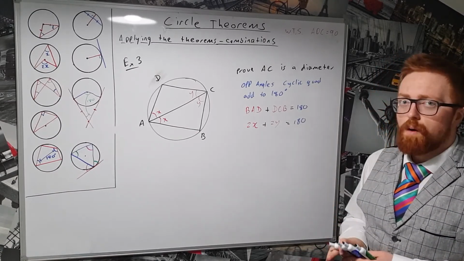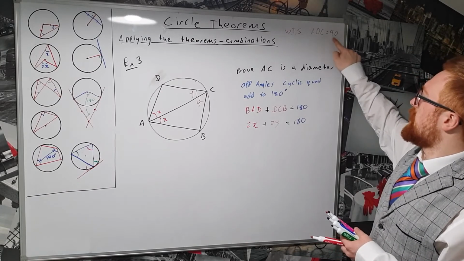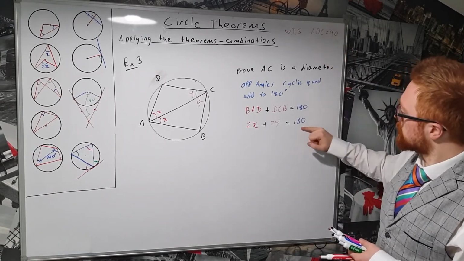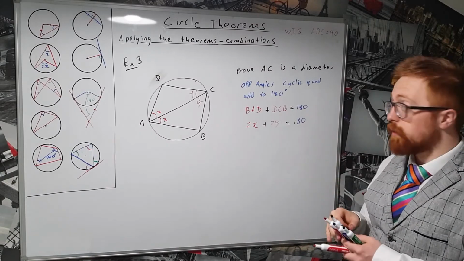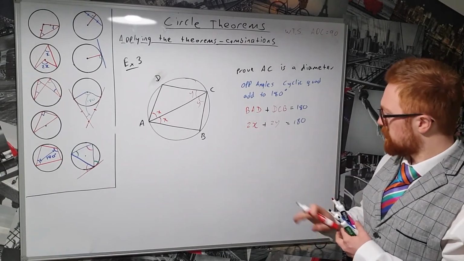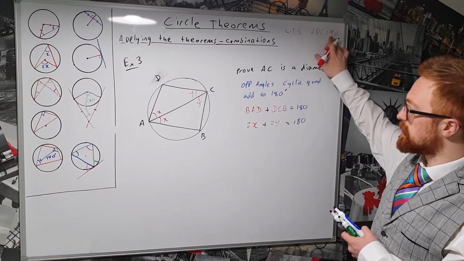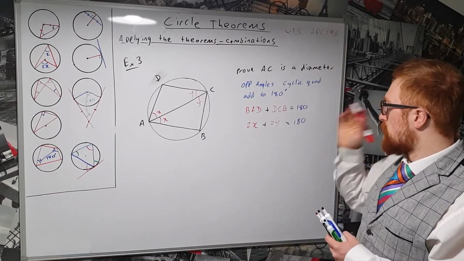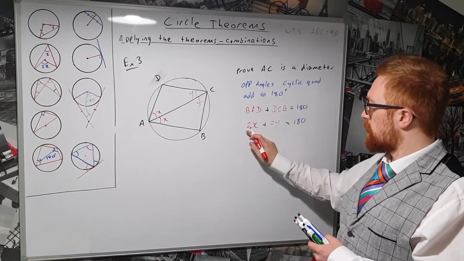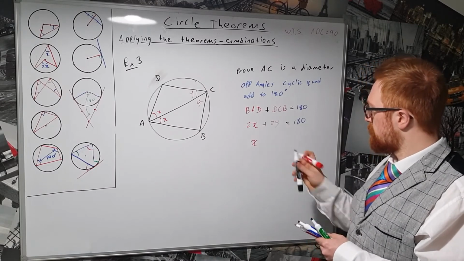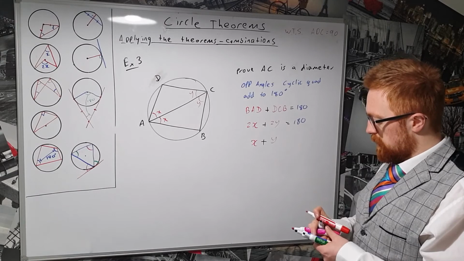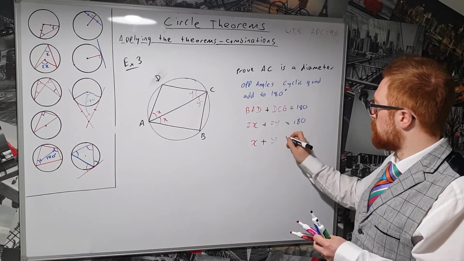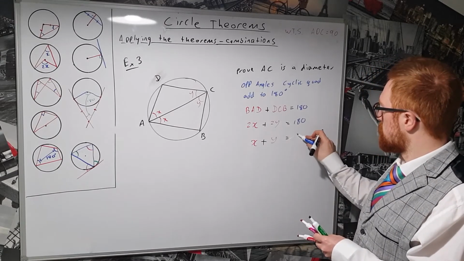Now, I'm aiming for something that's equal to 90 degrees, and I spot that we can divide this whole equation by 2 to give me something that involves 90 degrees that we can go on to use. If I halve this equation, 2x becomes x, 2y just becomes y, and 180 becomes 90.